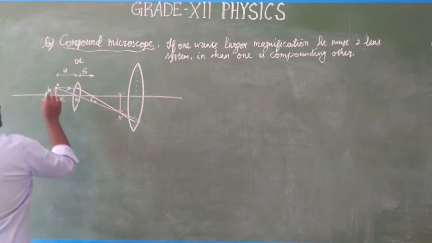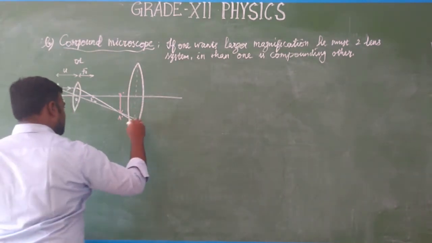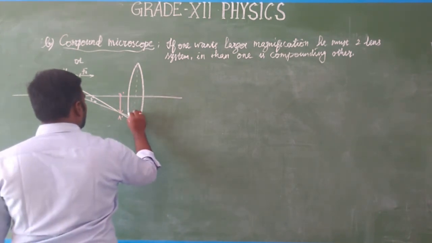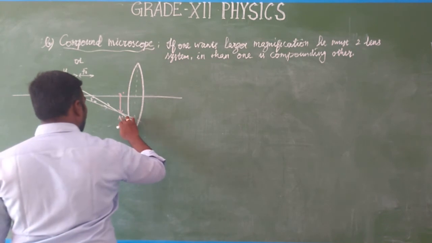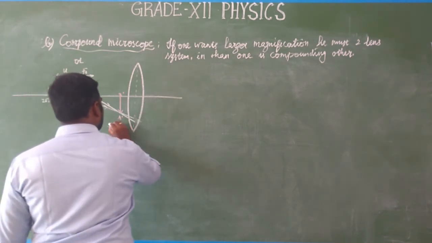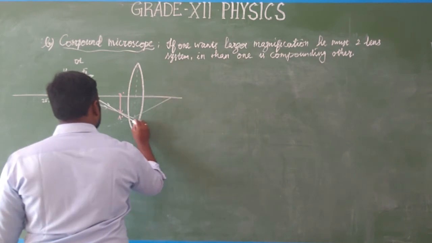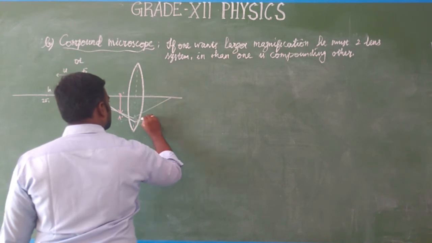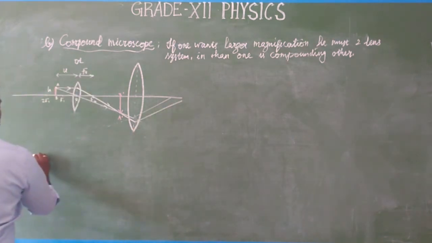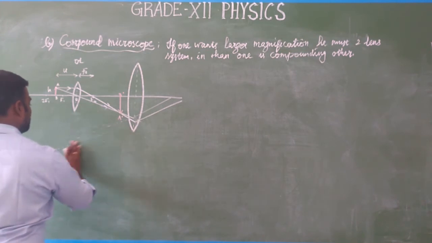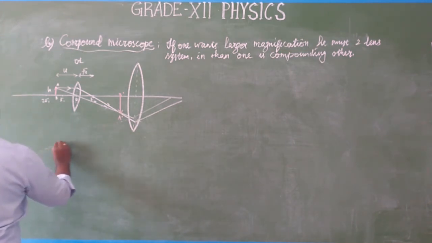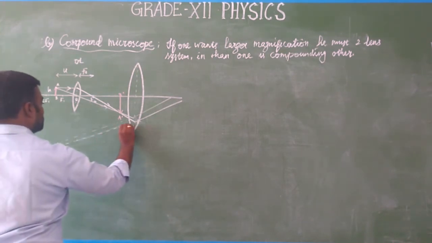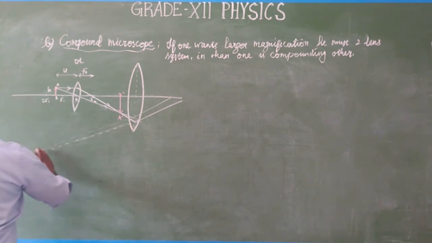Here h is the height of the object. Then what happens to the rays? So the final image is obtained here.